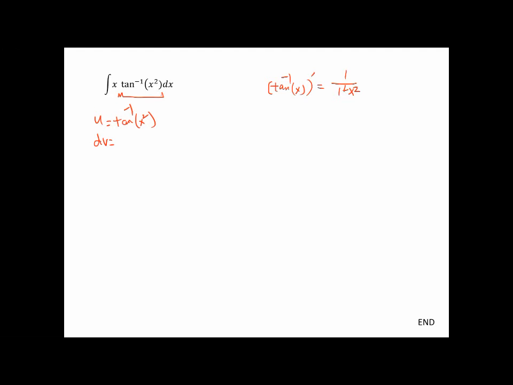I surely want to put it at the u position, which means du is going to be 1 over 1 plus, I see here the arctangent x derivative is 1 over 1 plus x squared, right? Here x squared is inside, so this is going to be x squared squared, right? And I don't want to forget the chain rule, which is the derivative of x squared. So I need to solve this: 1 over 1 plus x to the 4th, times 2x dx.